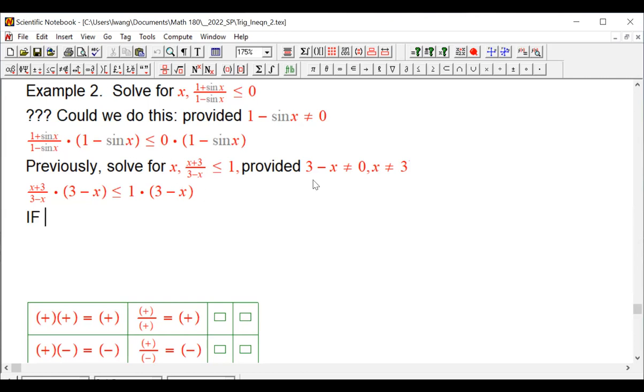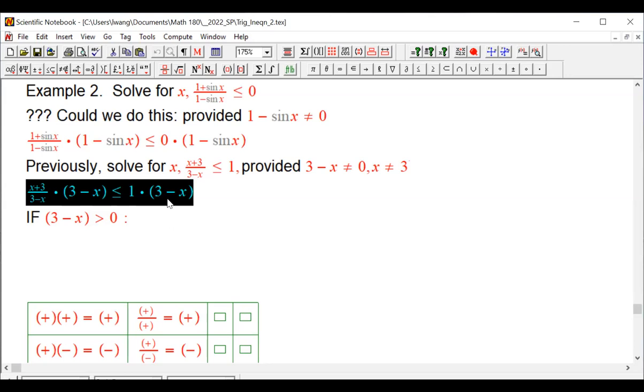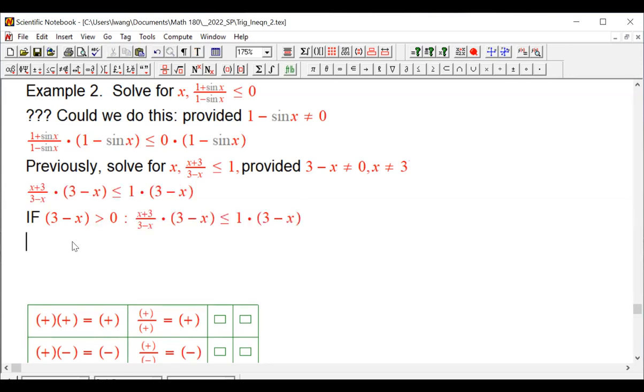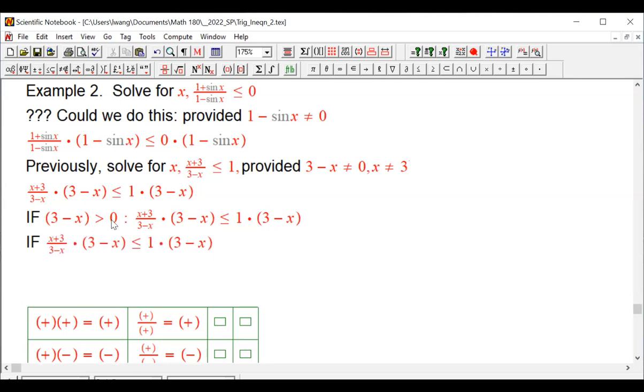if 3 minus x is positive, that will be okay. But if 3 minus x is negative, then this has to switch. We have to switch the direction of the inequality sign.